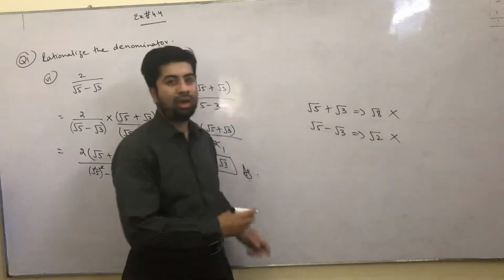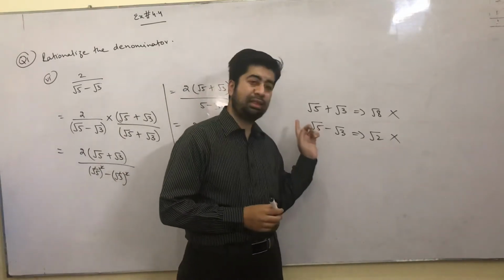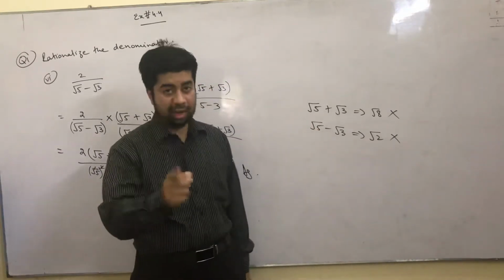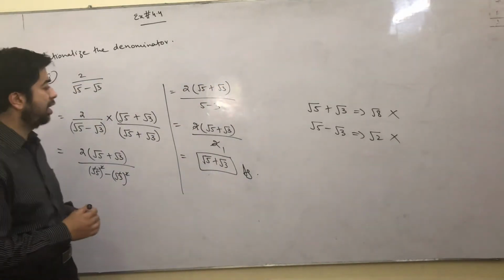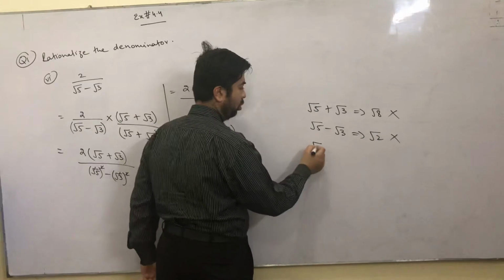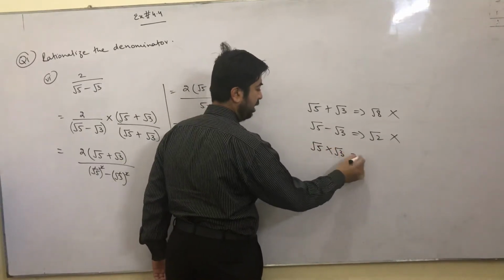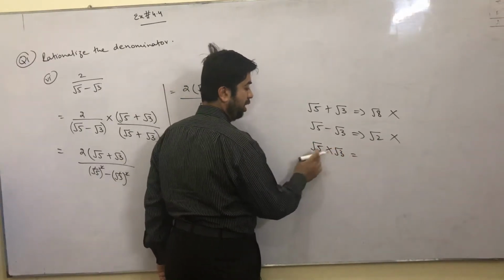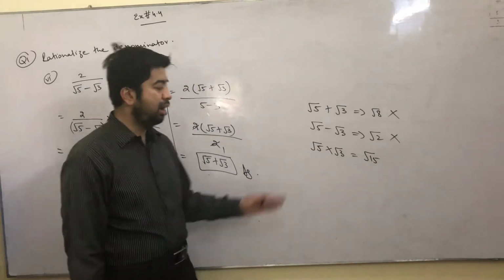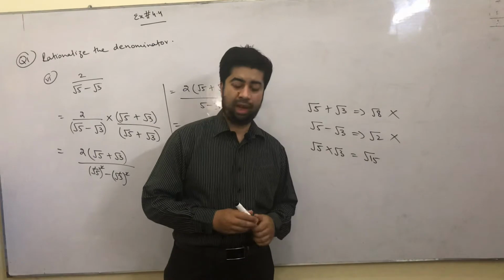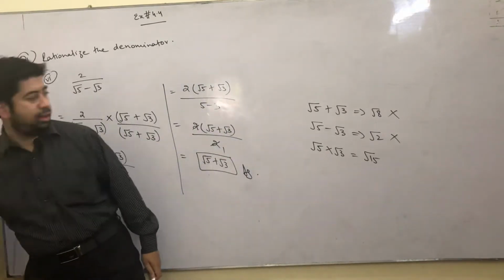No. I have already told you this can't happen. But multiplication can happen here, and square root 5 multiplied by square root 3 means I am going to multiply 5 by 3, that is square root 15. Yes, this happens. And division can also happen.